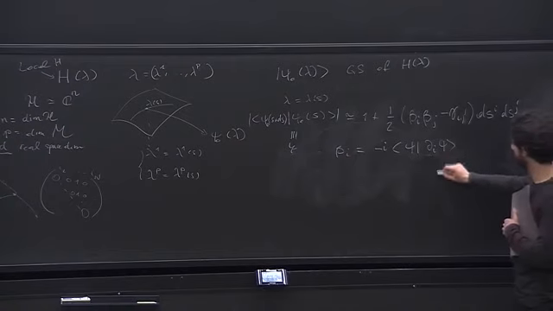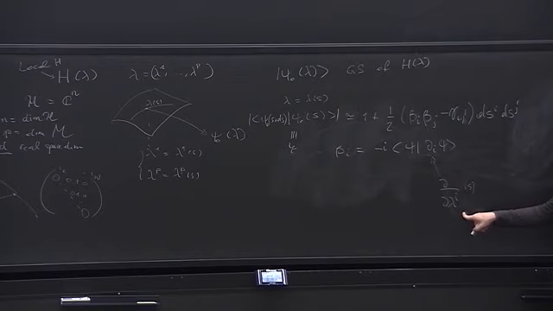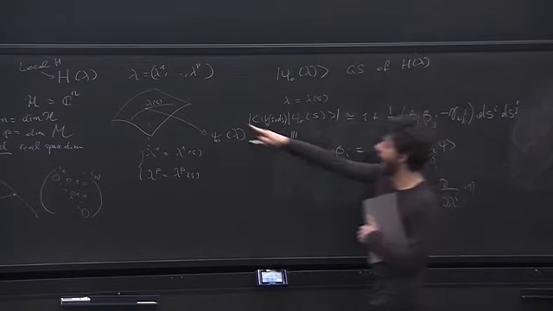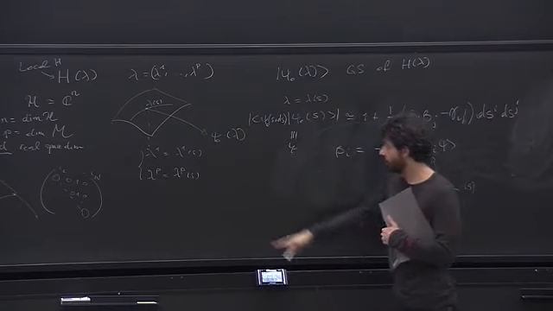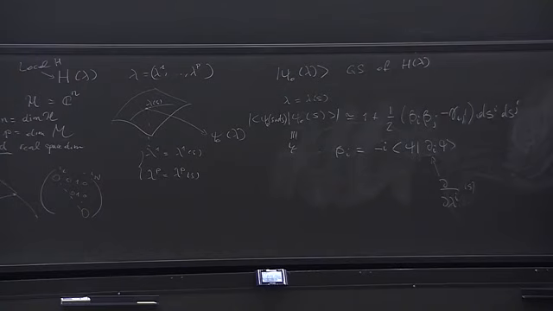By this, what I really mean is this. Okay? So I'm differentiating along the ith parameter of this curve.